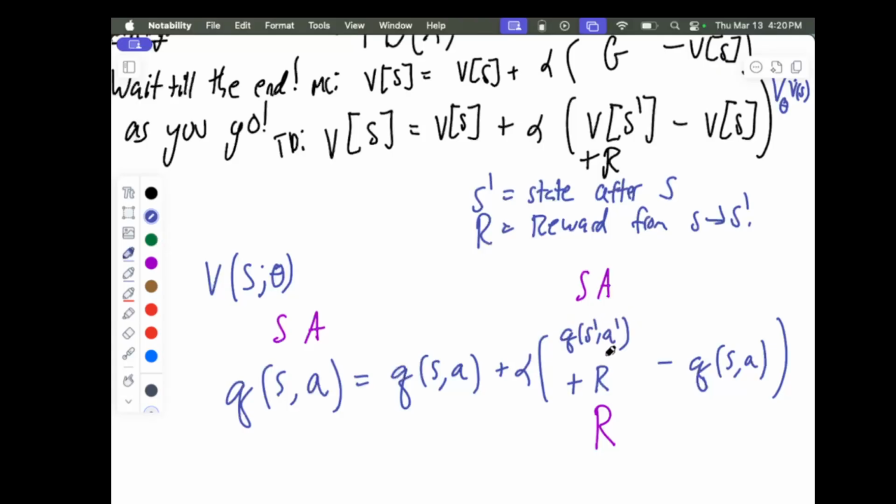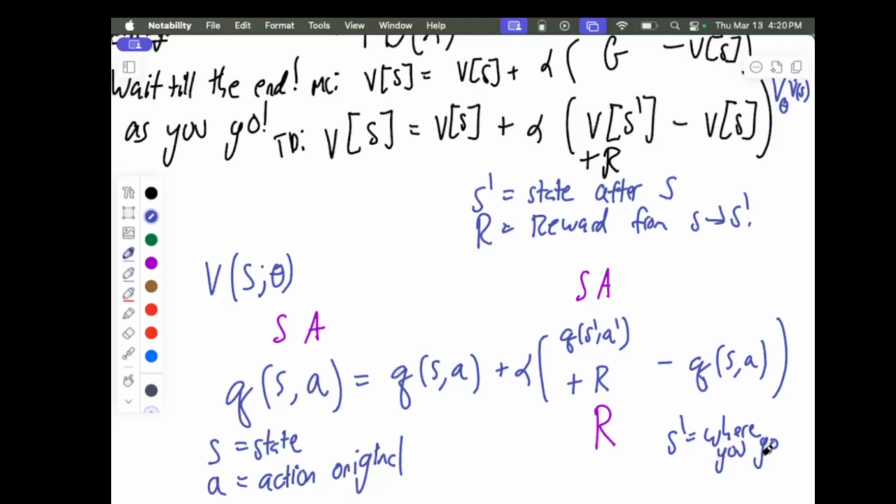So in other words, S-A is where you started. You started at state S. You took the action we took originally. And S prime is where you ended up. And you also do one extra thing, which is A prime, what action to take.